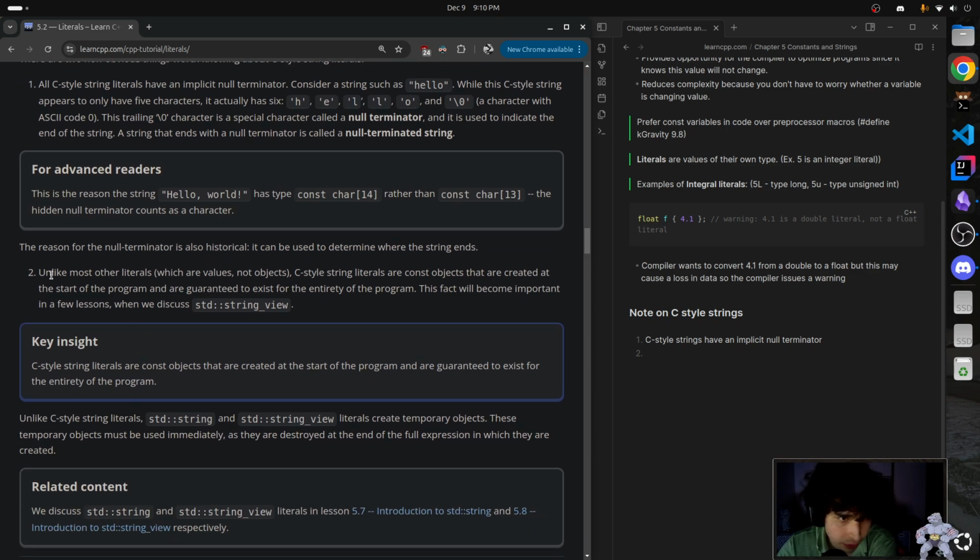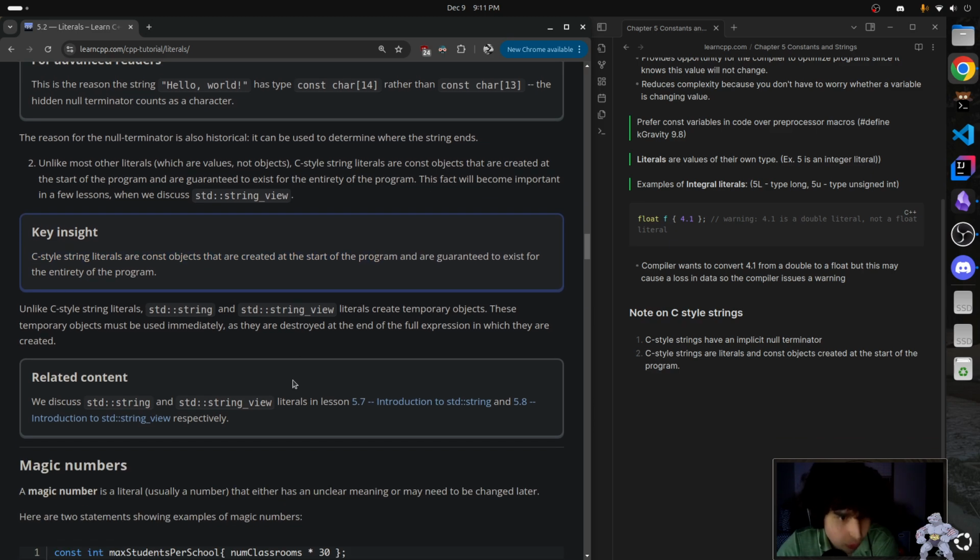Yeah. Unlike most other... C style. Really? The fact will become important. Okay. Sure.